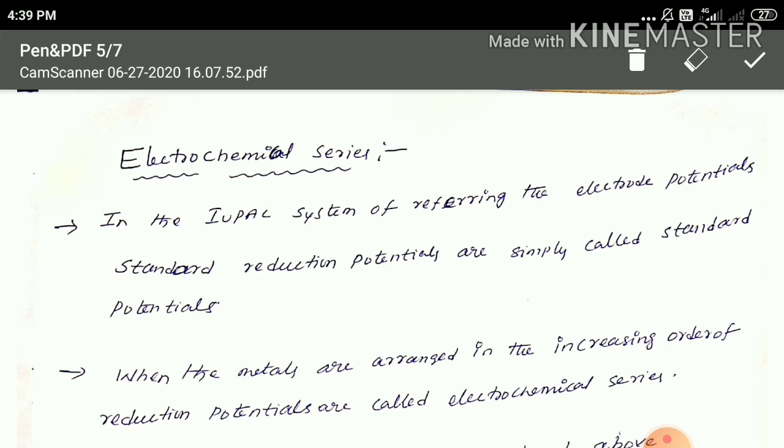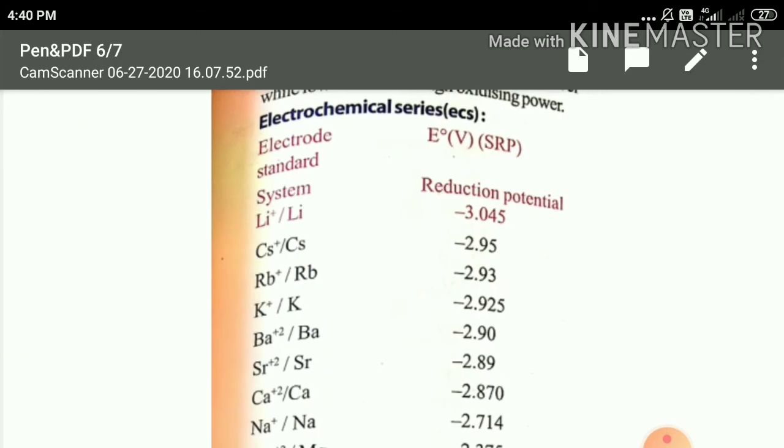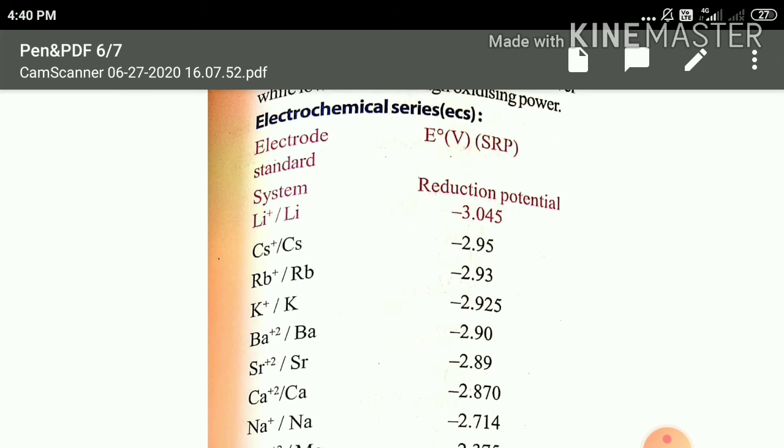That means the metals are arranged in the increasing order of their standard reduction potential values. That arrangement is simply called the electrochemical series. So I will show that electrochemical series like this. So this is the electrochemical series.